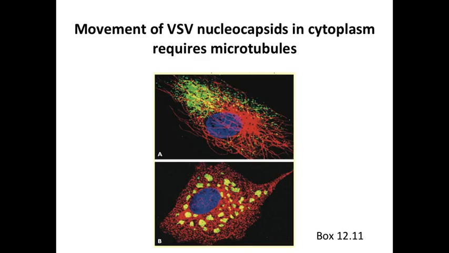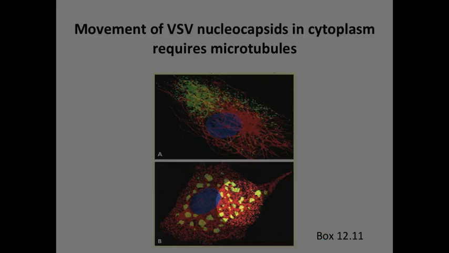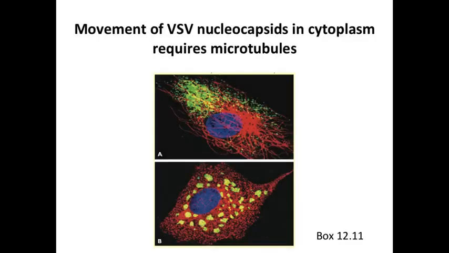If you treat these cells with nocodazole, a drug that disrupts microtubules, that's shown in the bottom. You see now the nucleoprotein is all accumulating in patches. It's not going anywhere. So wherever it's made, it's just accumulating and aggregating. So this shows you one bit of evidence that you need these microtubules to bring the nucleoprotein to where it needs to be, which in this case is the plasma membrane.